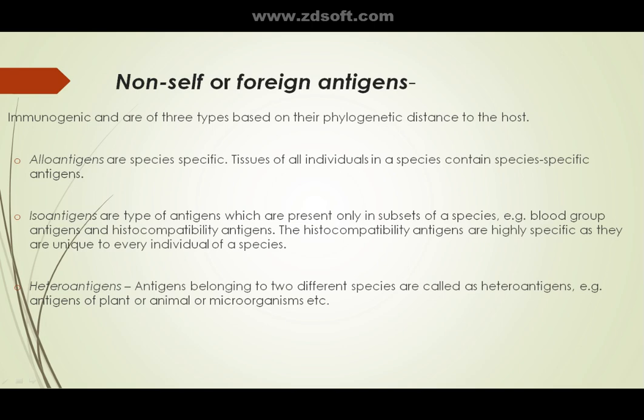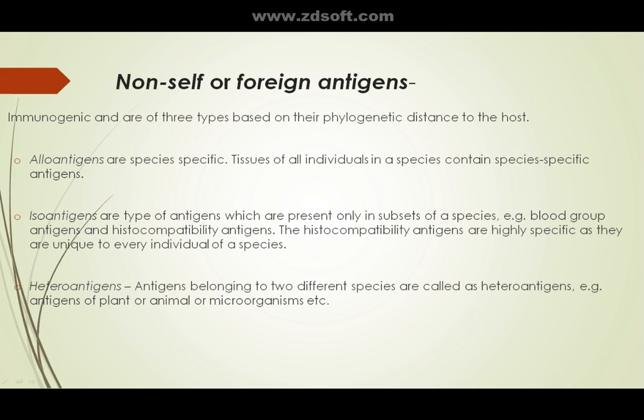They can be microbial agents or non-microbial agents, like plants, animals, or any other human product. These are all called non-self or foreign antigens. So foreign antigens do not belong to our body. Examples are microbial agents, and plants.